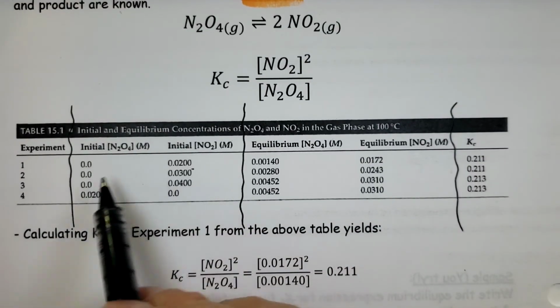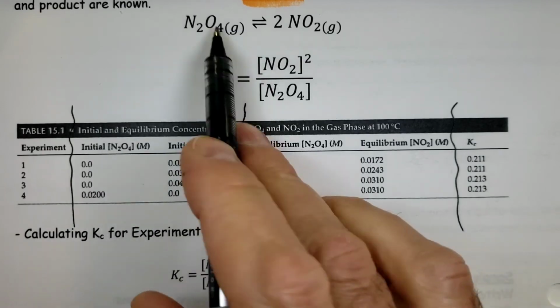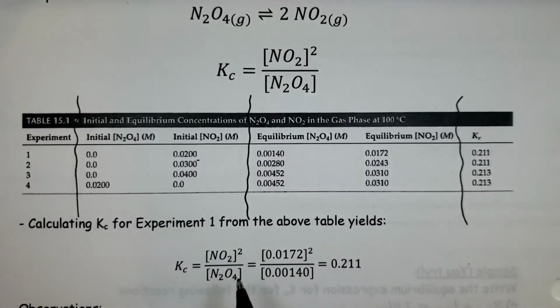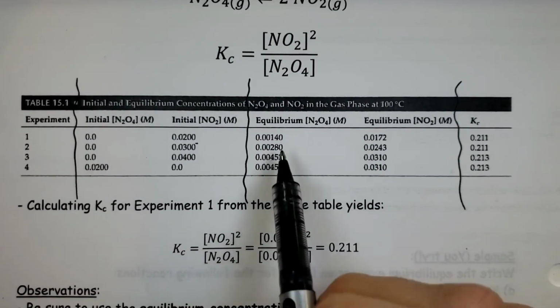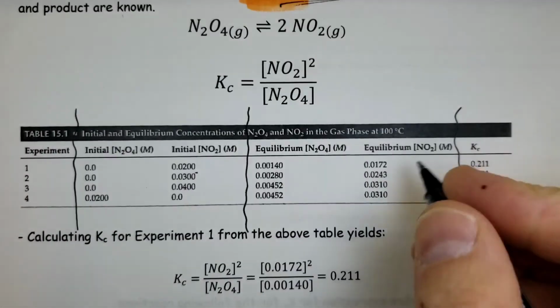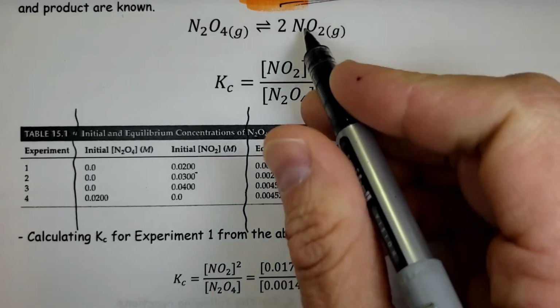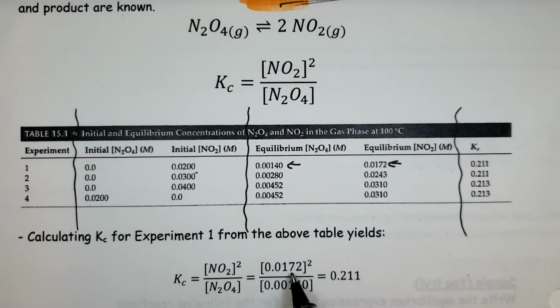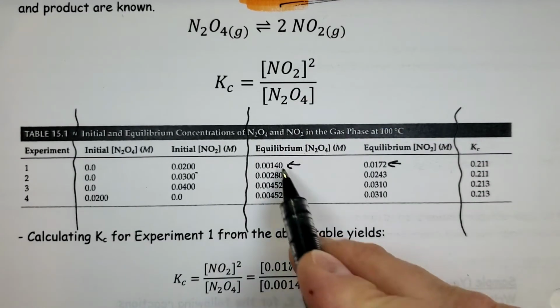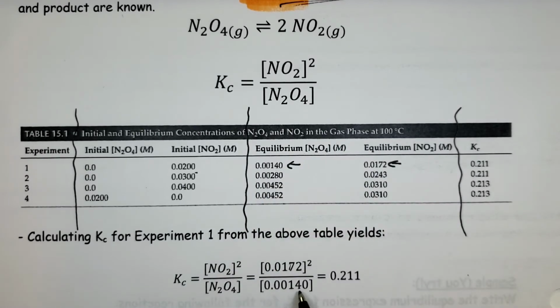Notice we start off with different scenarios, 0.02, 0.03, so different amounts of each. And it doesn't matter which one we pick, but remember, it's the equilibrium concentration. So we would pick this and this, NO2 over N2O4. That's what was done here. 0.0172 squared over the amount of N2O4, 0.0014.